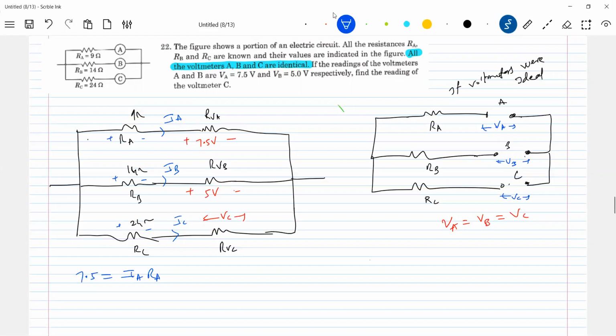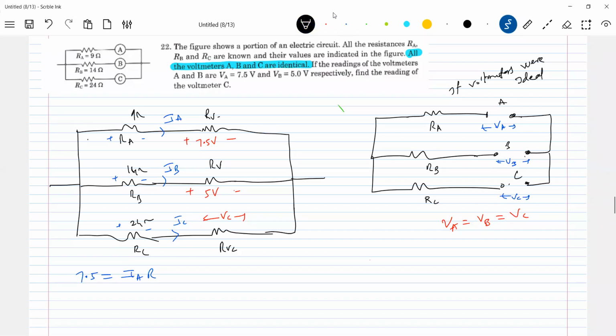Next, one more thing. I indicated that all the voltmeters are identical. So what is the advantage for me? Identical means all will have the same internal resistance. I just took help of the condition given.